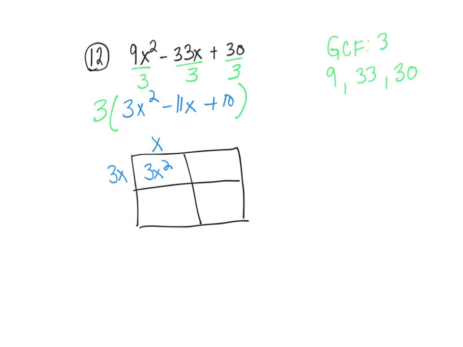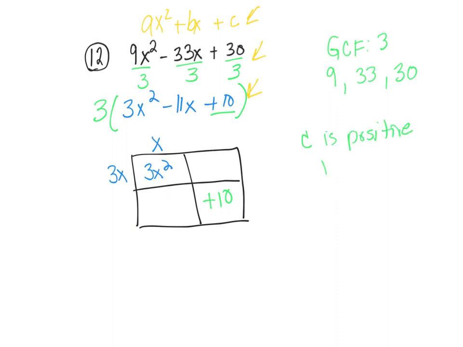Now let's look at what we know about our signs. If we look at our ax squared plus bx plus c, our constant value this time, our c value, is positive. And if that is positive, what that tells us is that one of 2 things has happened.